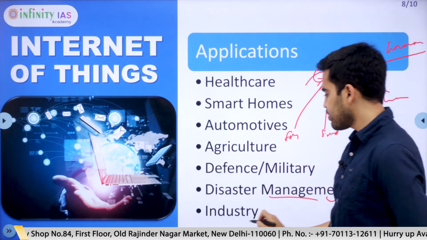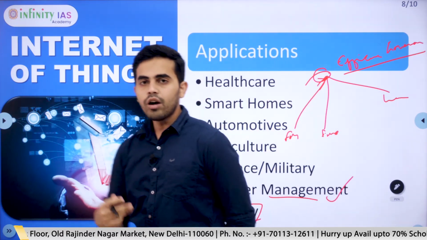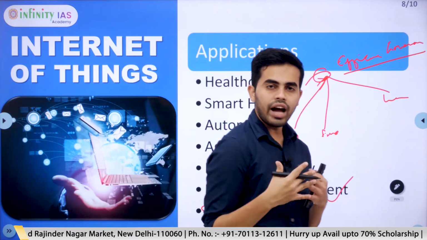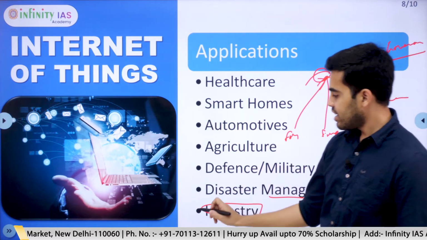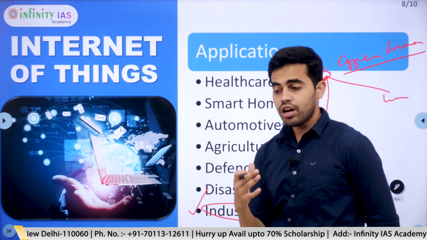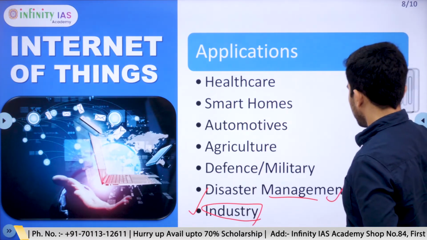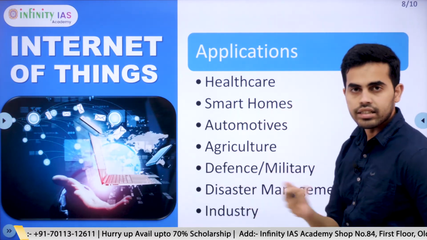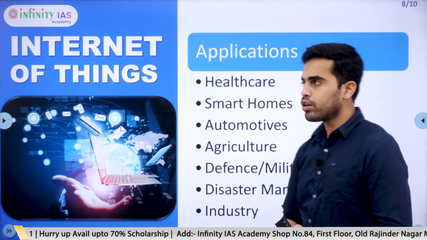Next place where Internet of Things can be used is industry. Now that we are seeing a high level of automation when it comes to manufacturing, Internet of Things can be used for quality control. For example, there is the food processing industry. We can see that food processing is also being automated.